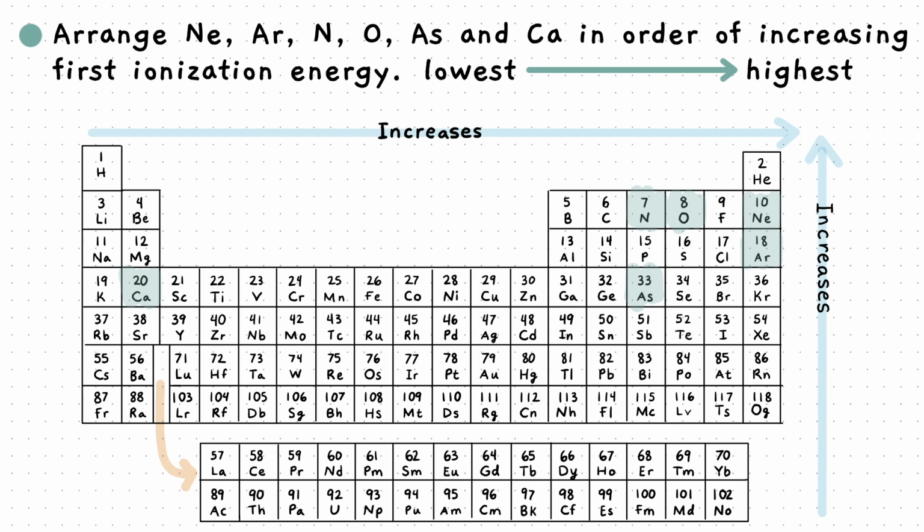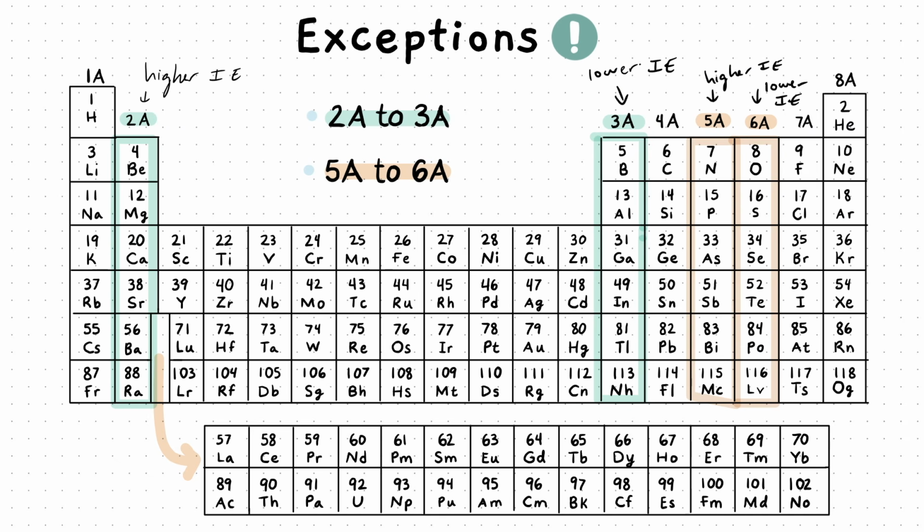Since we are arranging these elements in order of increasing ionization energy, this means this goes from lowest to highest. So the element with the lowest ionization energy is calcium. The second lowest is arsenic. Beware of this next part. You would think that nitrogen has a lower ionization energy compared to oxygen, but recall there are exceptions to the ionization energy trend.